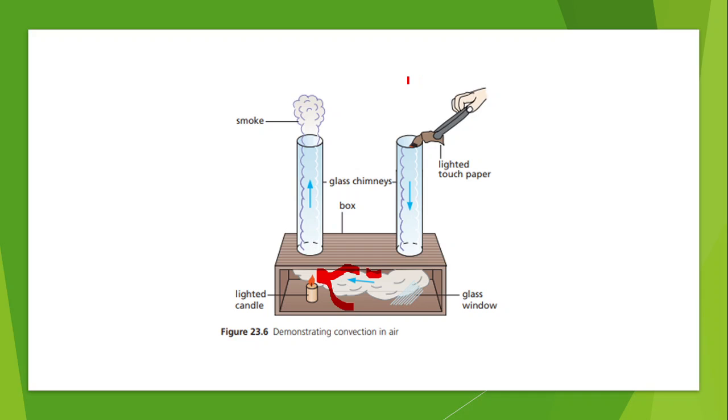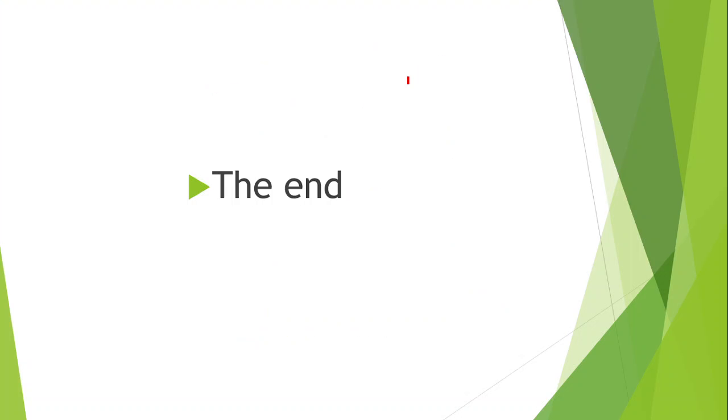So this demonstrates convection: hot air rises, cold air sits. And that's about it. We have discussed the demonstrations and basic concepts of conduction and convection. In the next one, we'll be talking about radiation, and then some applications of these heat transfers in our daily life.